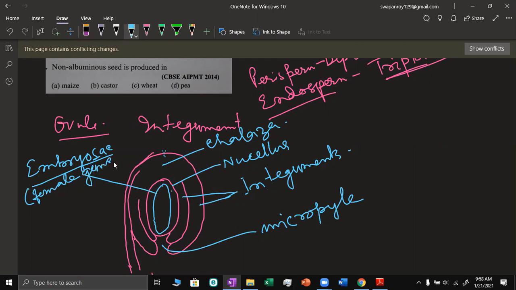Within this female gametophyte we get the egg and synergids, then on the other side the antipodals, and here the two polar nuclei. These polar nuclei join together to form the secondary nucleus.